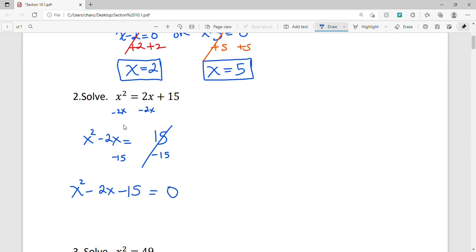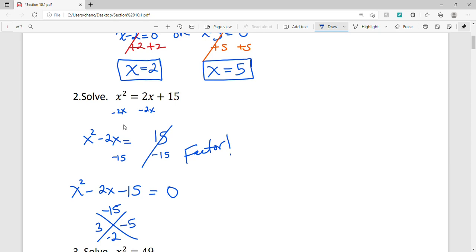And now we could attempt to factor the equation. This has three terms. Let's put the negative 15 on the top and the negative 2 on the bottom. What two numbers will multiply to get negative 15? That's 3 and 5. But one of these has to be negative. It must be the negative 5.